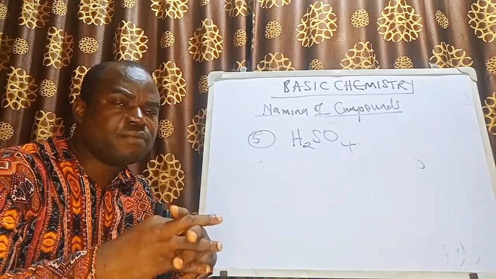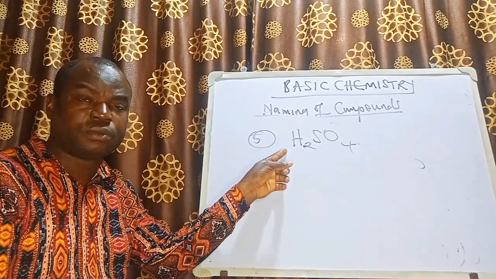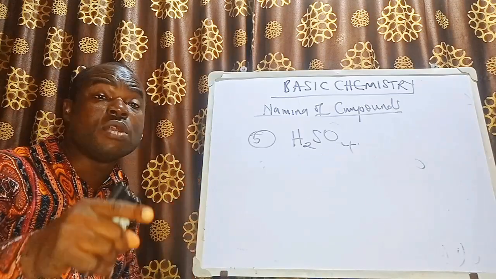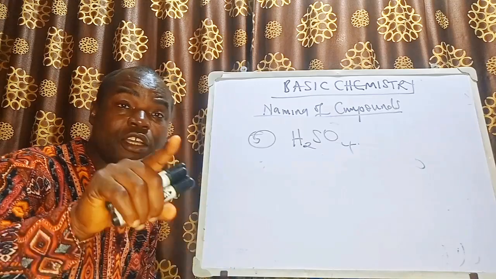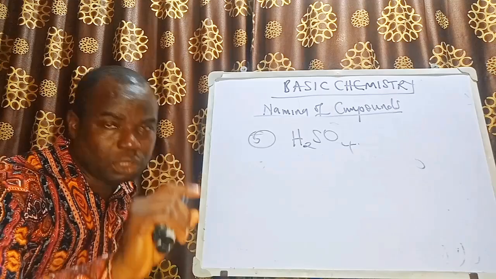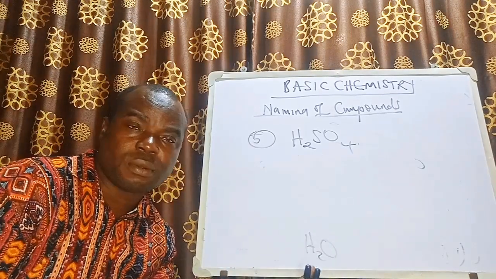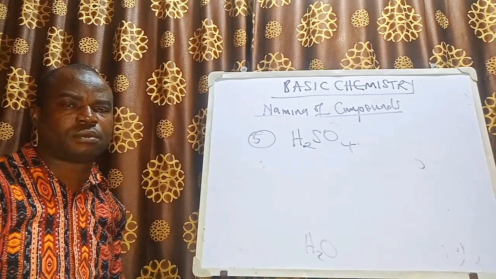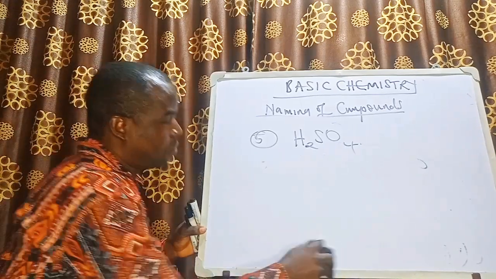Once you notice that hydrogen is the first element in the compound, then know that that compound is an acid. The only exception is water, because water is H2O. Any other thing that starts with H is an acid. Are you clear now? Now, let us do our normal solving first.